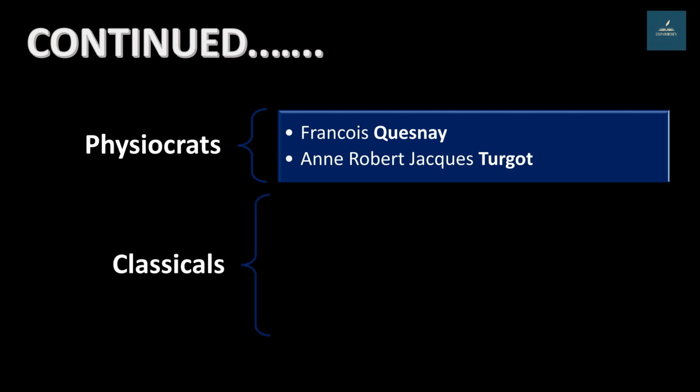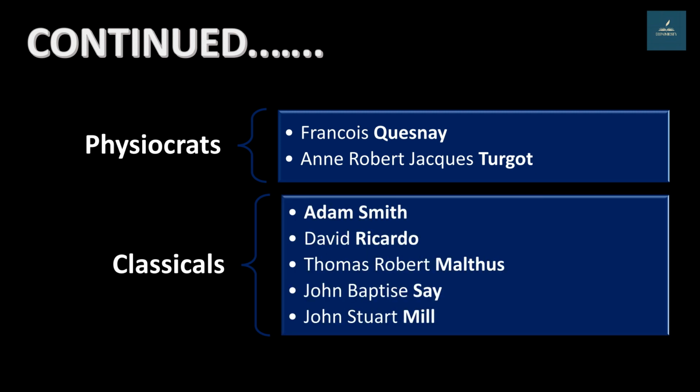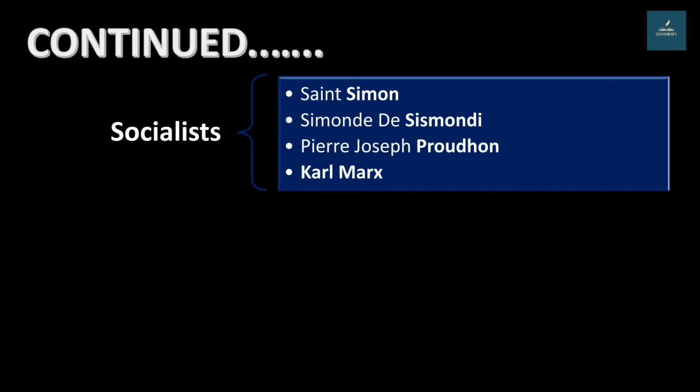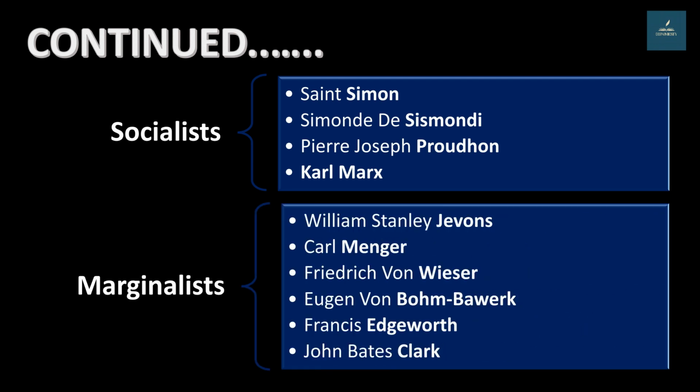Moving further towards classicals, famous names are Adam Smith, Ricardo, Malthus, Say, and Mill. Fifth comes Simon, Proudhon, and the very famous Karl Marx, who are socialists. Sixth comes Jevons, Menger, Edgeworth, Clark, etc., who came to be known as marginalists.